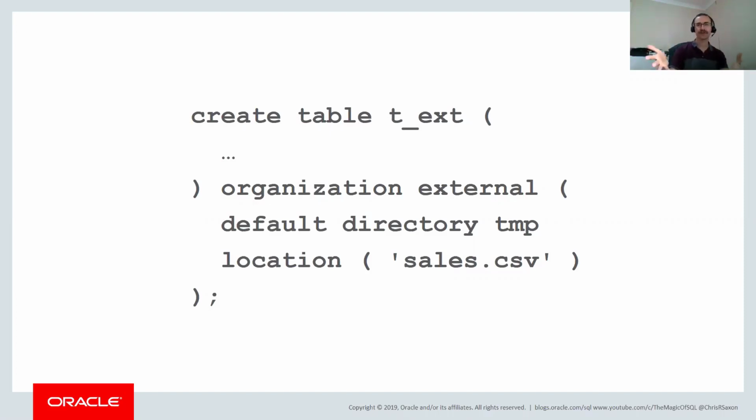If you're not using external tables, quite often you need to first load the file into a table and then read it back out again. By having an external table, you can just read it straight from the file, saving yourself a bit of effort. And you can join straight from that external table to other tables in your database.